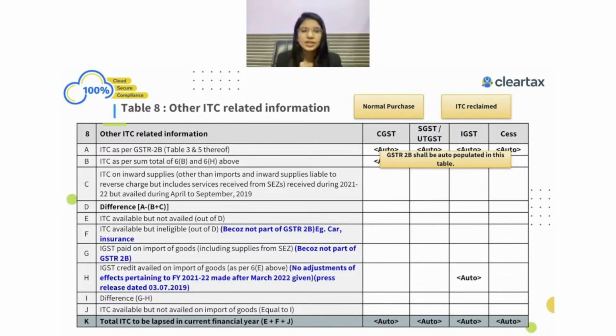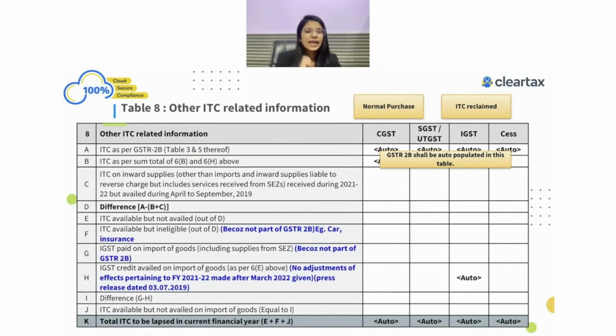See, if you're doing all this reconciliation and preparing now itself, you have time, because the October return anyhow you're going to file in the month of November, so you still have time to claim it. It's always good that you claim it now in the October month, so that under 8H you are not getting anything. Ideally you should not show anything which has been lapsed. You should claim it, if it is your eligible ITC, right?